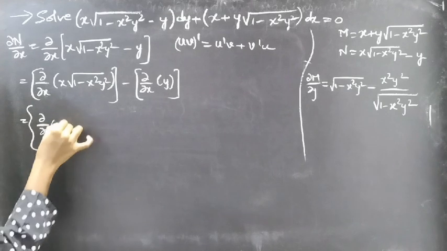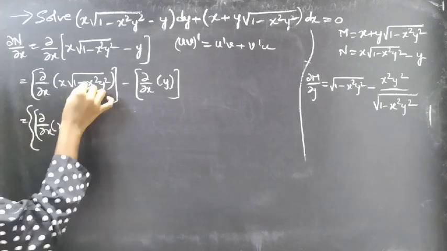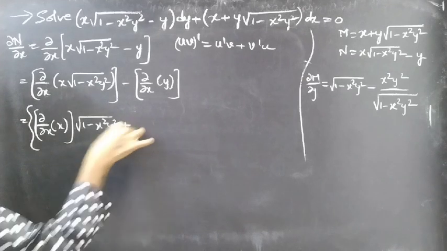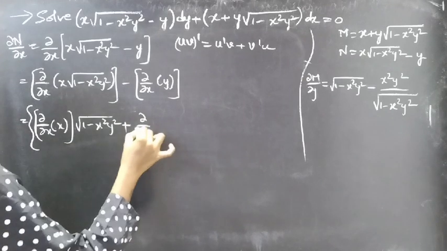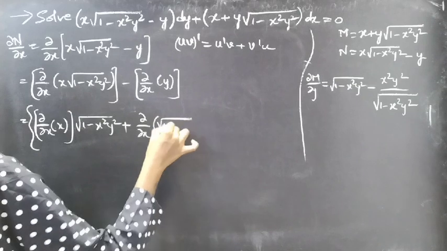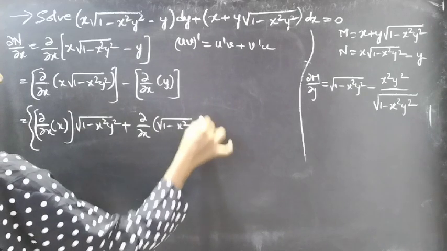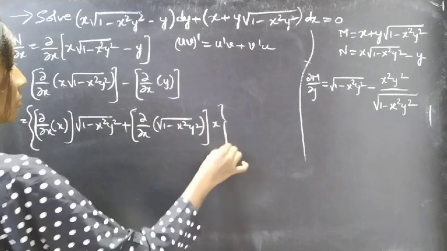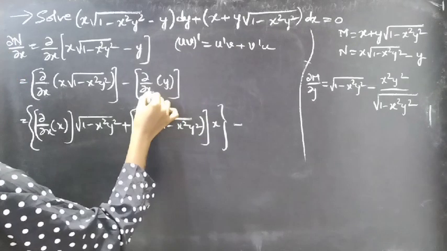partial derivative of x with respect to x into square root of 1 minus x square y square plus partial derivative of square root of 1 minus x square y square into x minus partial derivative of constant with respect to x.